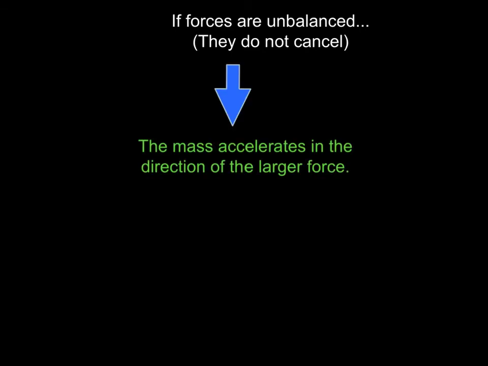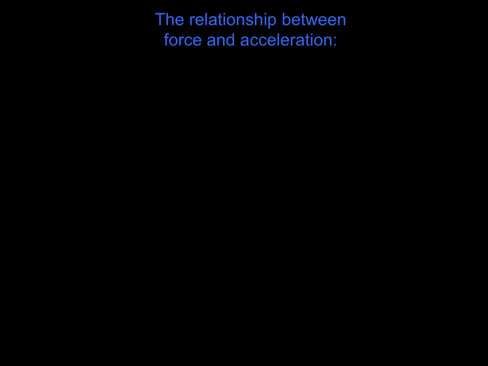So Newton's first law comes from the two scenarios where forces are balanced. Newton's second law, then, comes from the scenario when forces are unbalanced. If forces are unbalanced, this means they do not cancel each other out. That means that the mass or the object accelerates in the direction of the larger force. And that leads us to the relationship between force and acceleration.